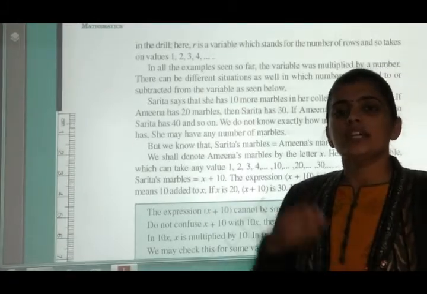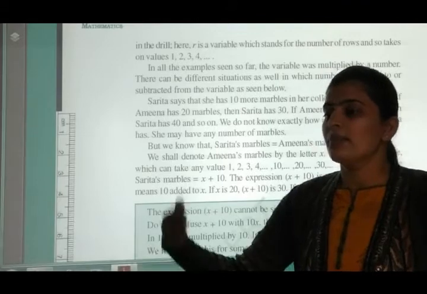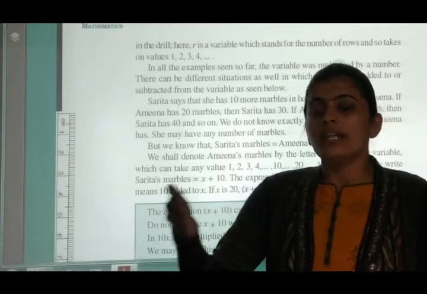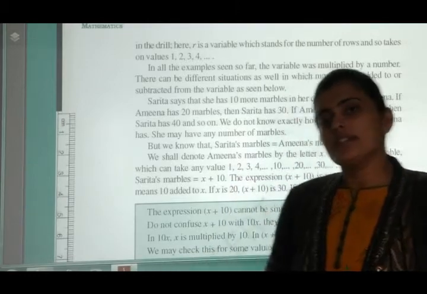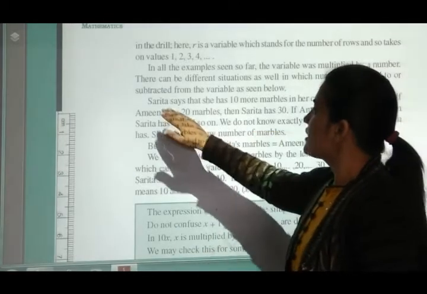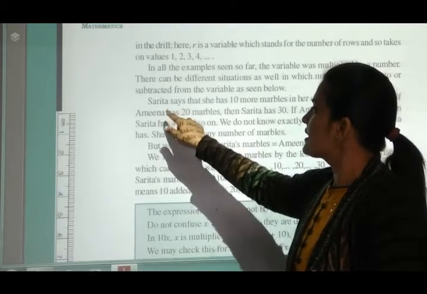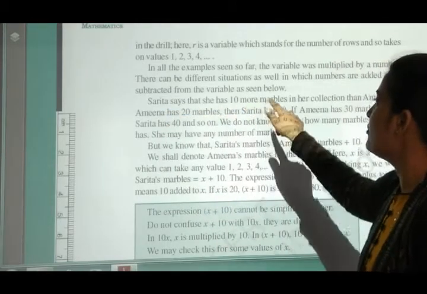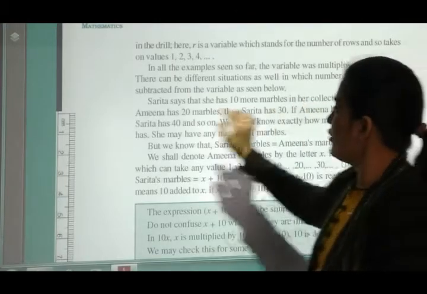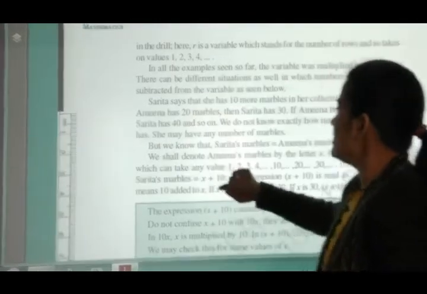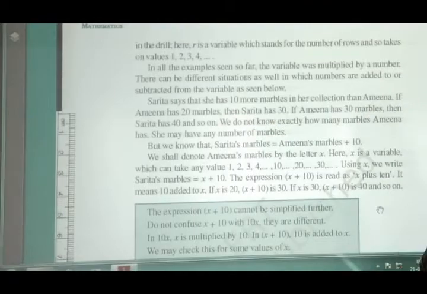Here there can be other situations where the numbers may not be multiplied but divided, or added or subtracted. So let us see. An example is given here: Sarita says that she has 10 more marbles in her collection than Amina. If Amina has 20 marbles, then Sarita has 30.